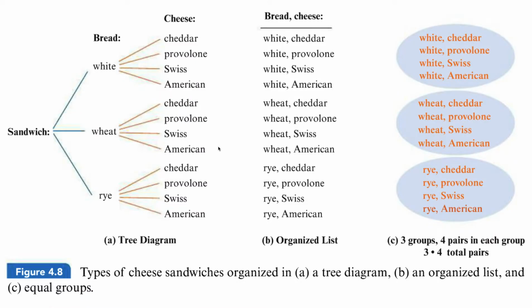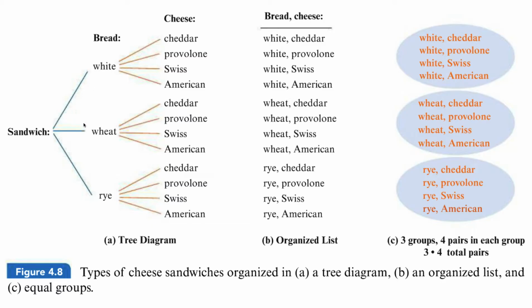Because take a look. If you are using this tree diagram, it's called a tree diagram because it has trunks and branches here, right? So we're gonna make sandwiches with 3 different types of bread. You can start from cheese too. You can start from 4 different cheese, and each 4 cheese can have 3 breads. It's the same thing.